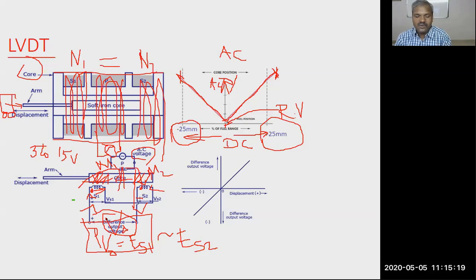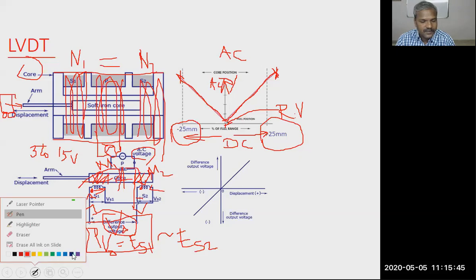We may not know whether the core is on the positive or negative side, because this is fully molded, fully mounted in a hollow cylindrical tube. So we may not be able to see the inner core movement. We can detect only from the outside. So you connect an AC voltmeter here, and that will help us.